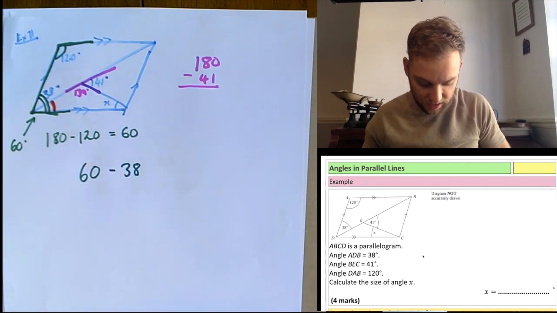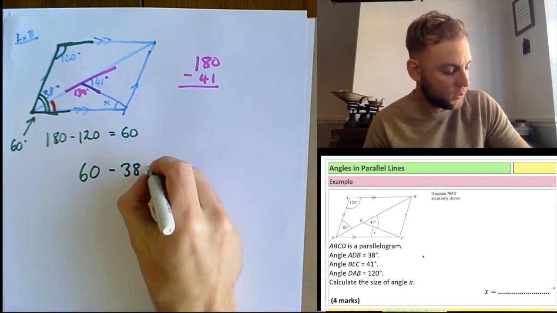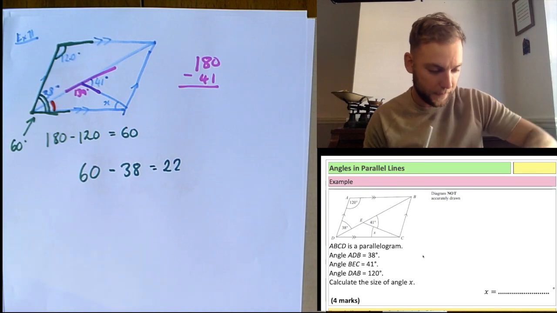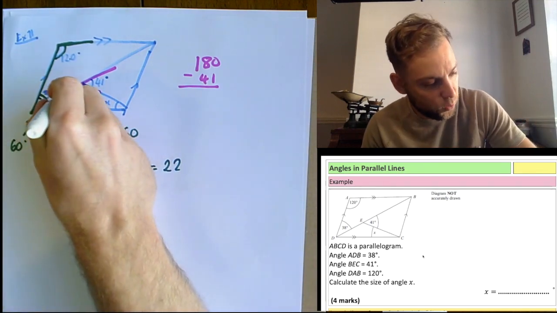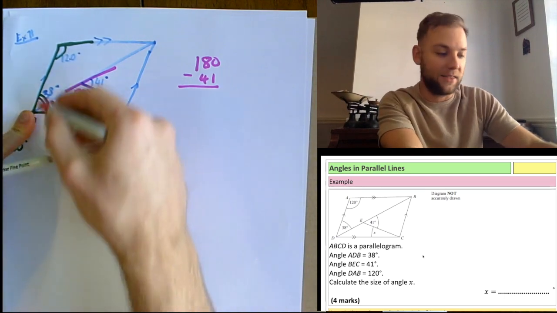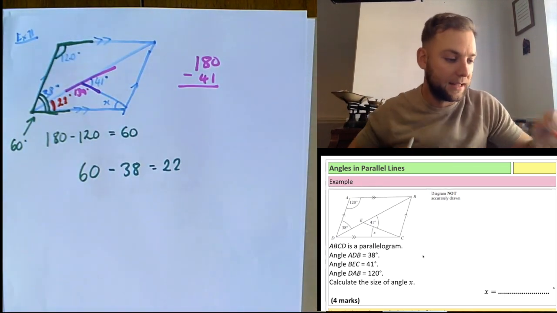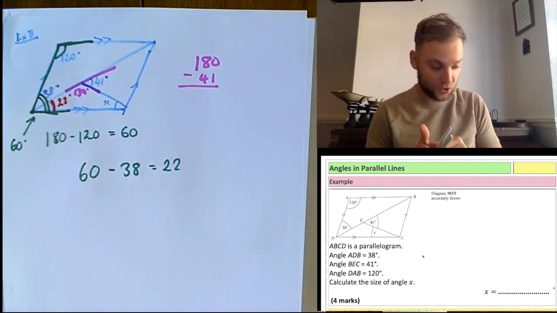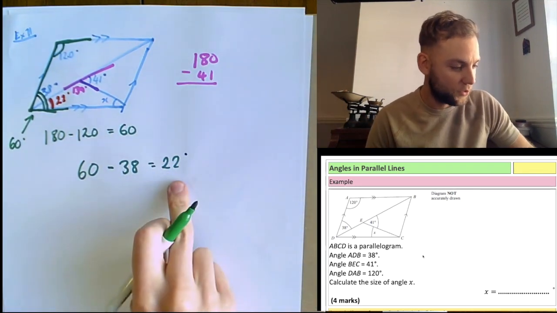So 60 take away 38 is equal to 22. So this angle here inside, the red one, is equal to 22, which makes sense because 22 plus 38 is 60, and these here are co-interior, which means that this one here must sum to 180. Brilliant. So we've now just worked out that this one is 22.